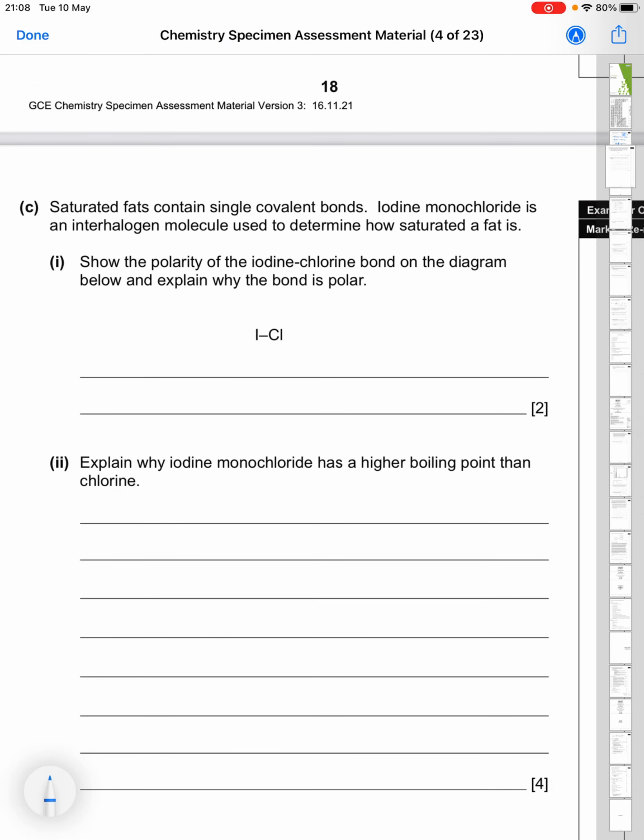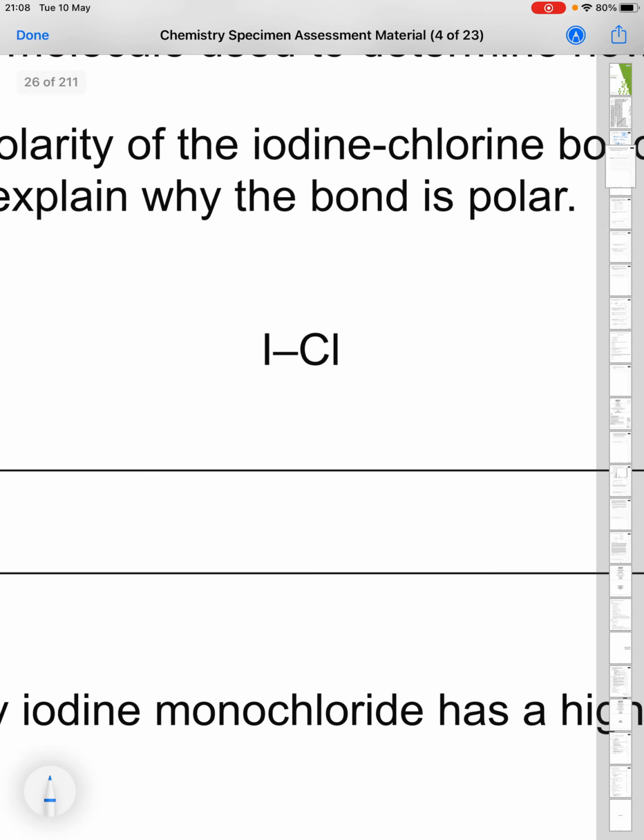Okay, C, saturated fats contain single covalent bonds. Iodine monochloride is an interhalogen compound used to determine how saturated a fat is. Show the polarity of the iodine-chlorine bond in the diagram and explain why the bond is polar. So looking at the electronegativity, it increases up the group towards fluorine.